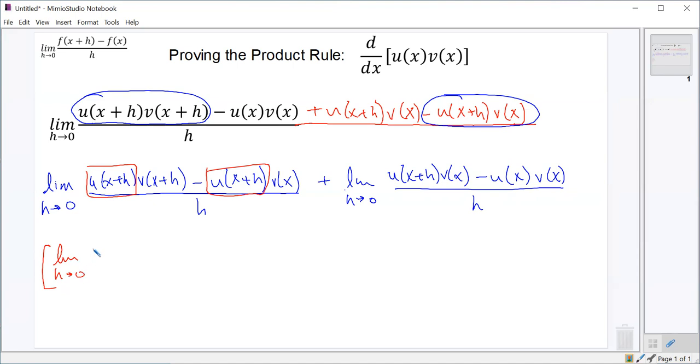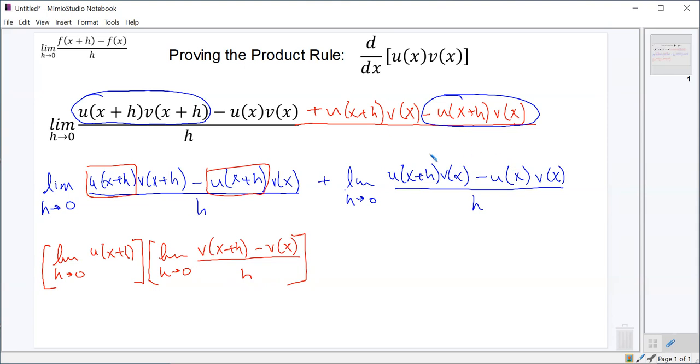So a limit as h approaches 0 of u of x plus h, times a limit as h approaches 0 of v of x plus h minus v of x all over h. And I've only put the second limit over h because this is two different things being multiplied together. I can't put an over h on the first part of it because then I'd have an h squared in the denominator, which is not what I need to have.